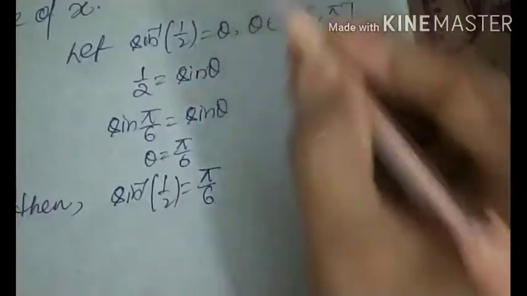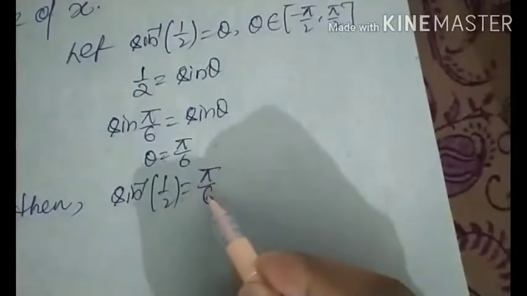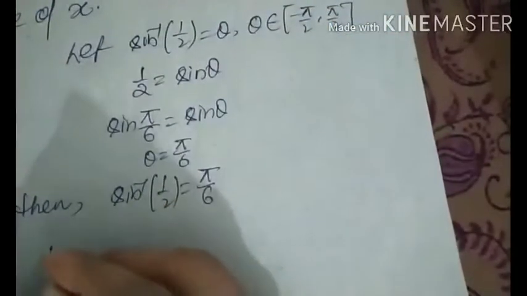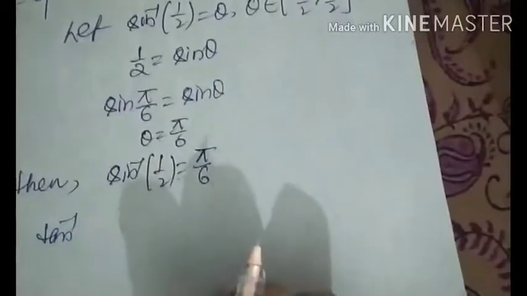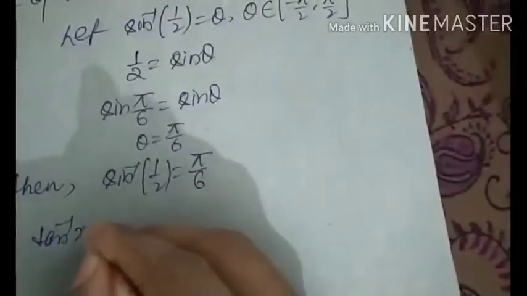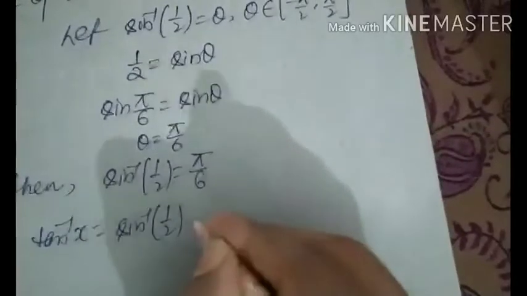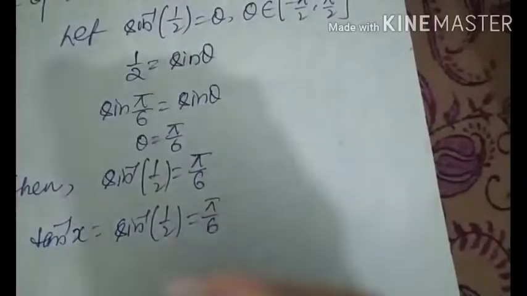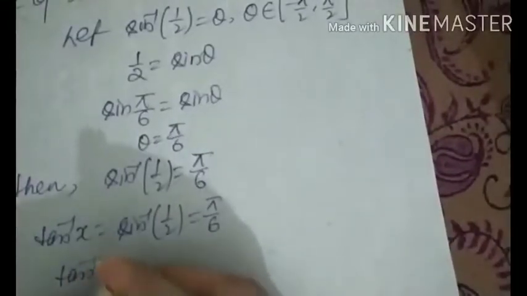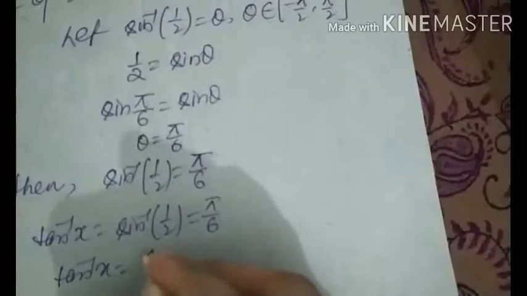Here tan inverse x is equal to sin inverse 1 by 2, and the value of sin inverse 1 by 2 is pi by 6. Then tan inverse x is equal to pi by 6.